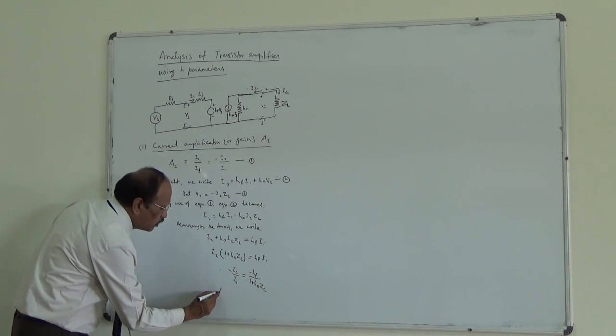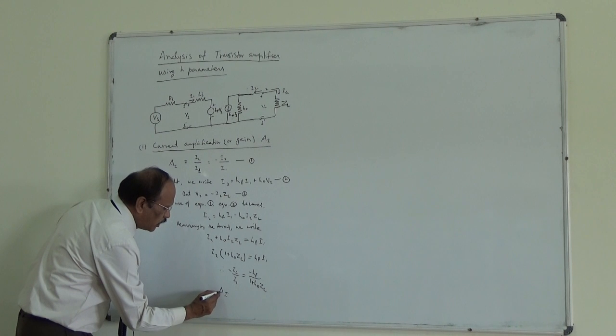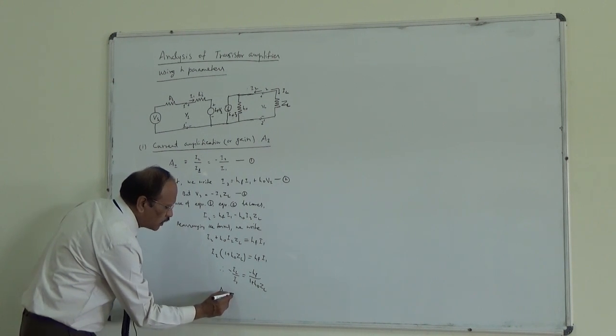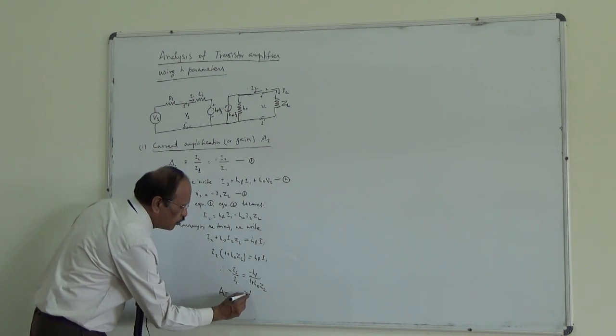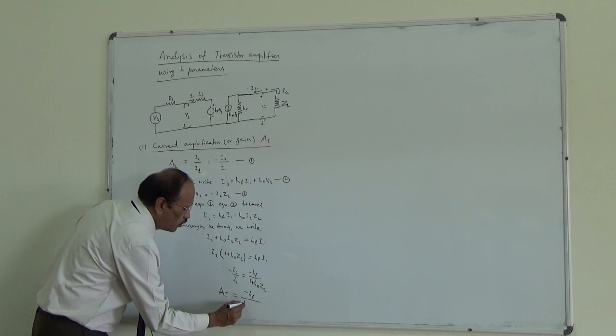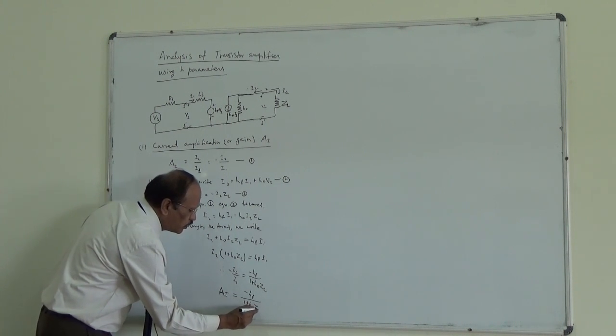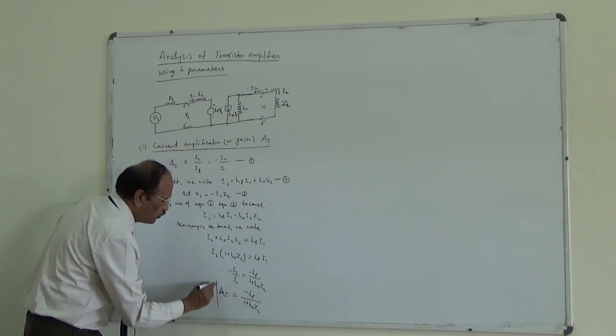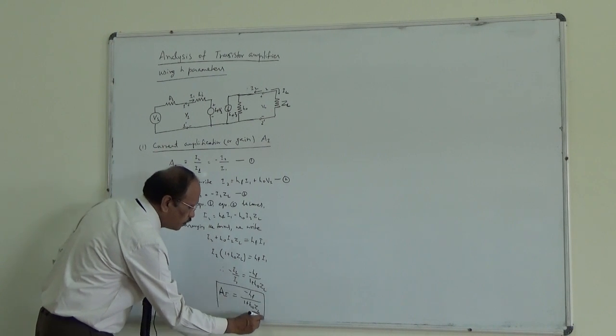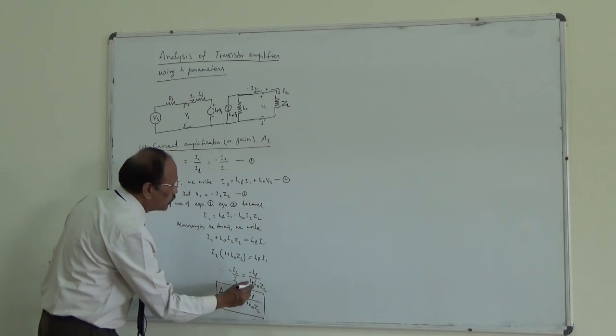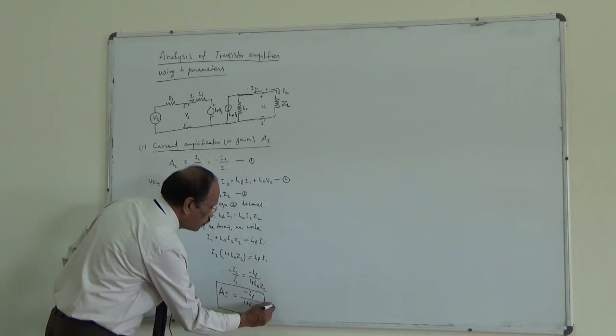So finally you have AI, the current gain, is given as minus HF by 1 plus H0 into ZL. So this is equation number 4.